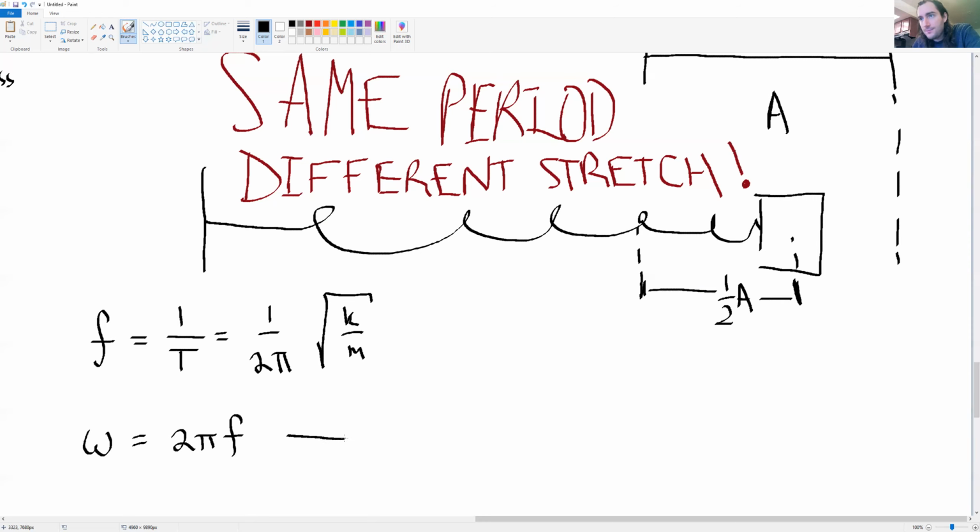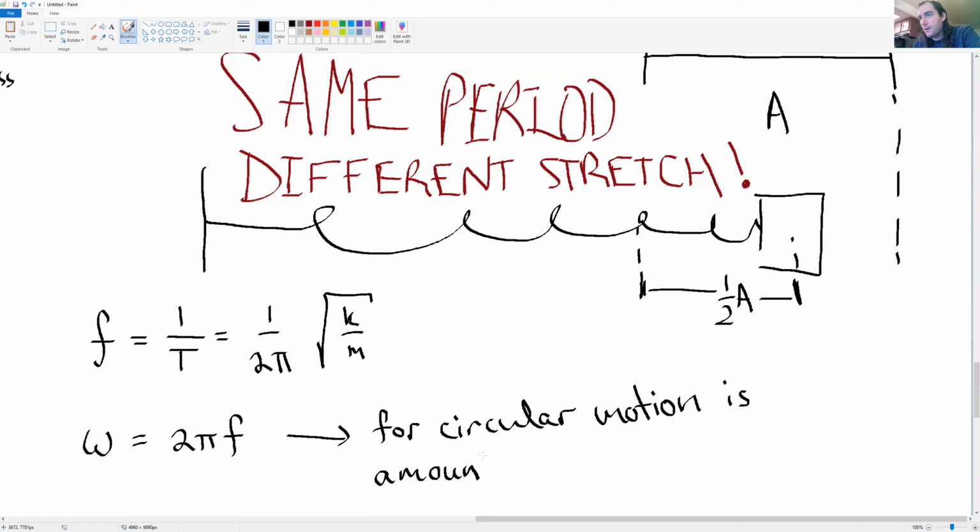So this here, for circular motion, is the amount of angle theta per second.